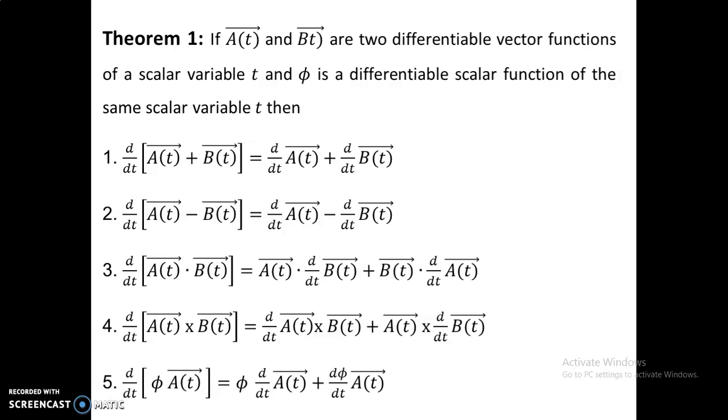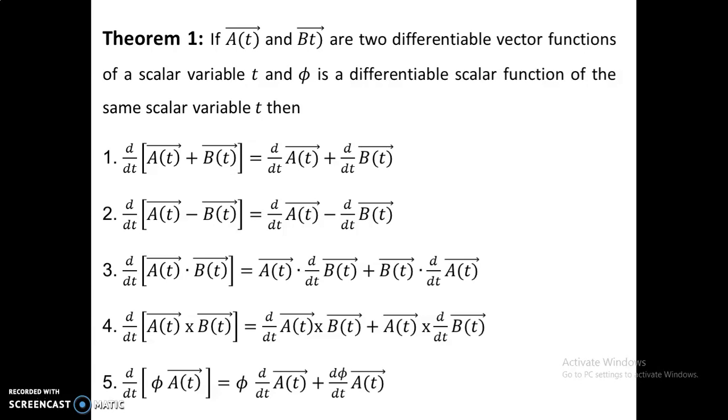And likewise, differentiation of the cross product of two vector functions is the differentiation of the first vector function cross the second vector function.